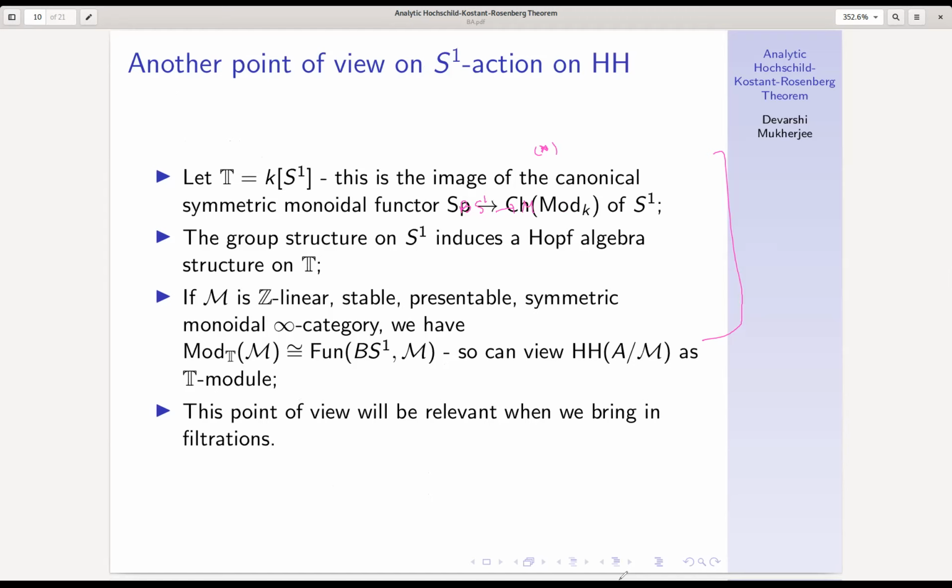Okay, well, let's just write this here. So the latest is that this is inside this category: simplicial commutative K-algebras with an S1 action.